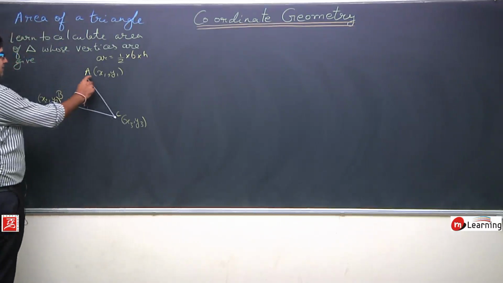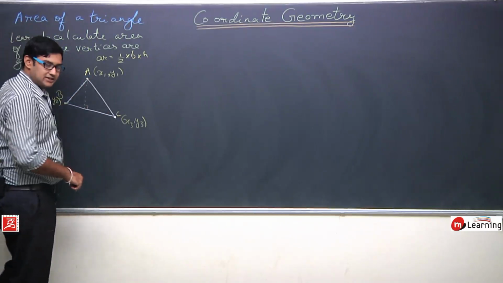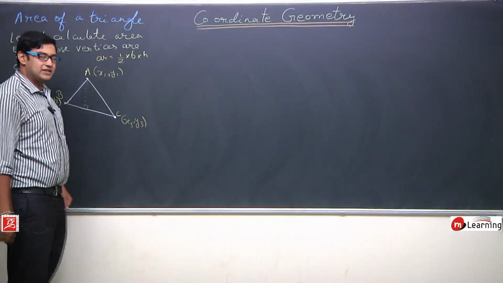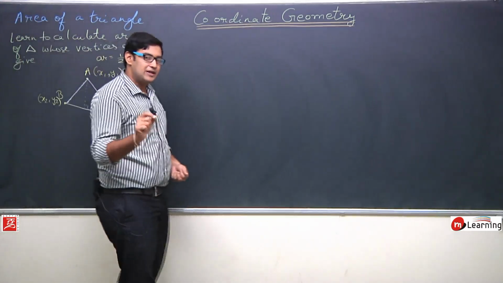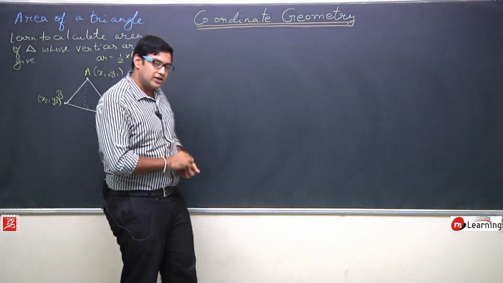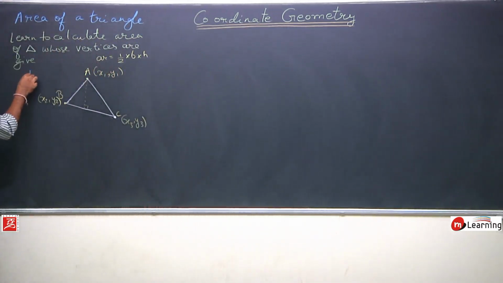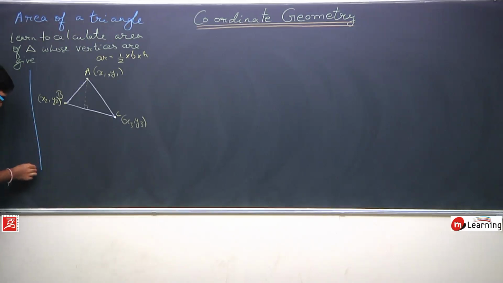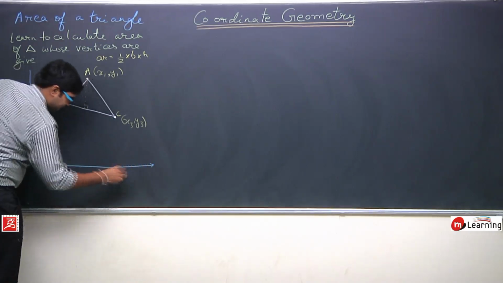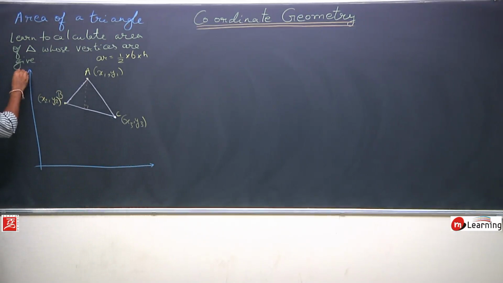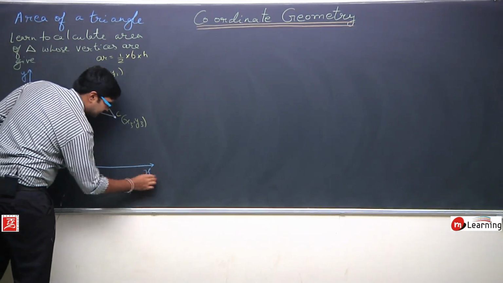Let us say यहाँ पर ये A, B और C 3 पॉइंट्स हैं and इसके कोऑर्डिनेट्स गिवन हैं. सो डेफिनेटली ये कोऑर्डिनेट प्लेन पे लाई कर रहे हैं. अगर ये कोऑर्डिनेट प्लेन पे लाई कर रहे हैं so I can draw x axis and y axis like this. This is y axis. This is x axis.